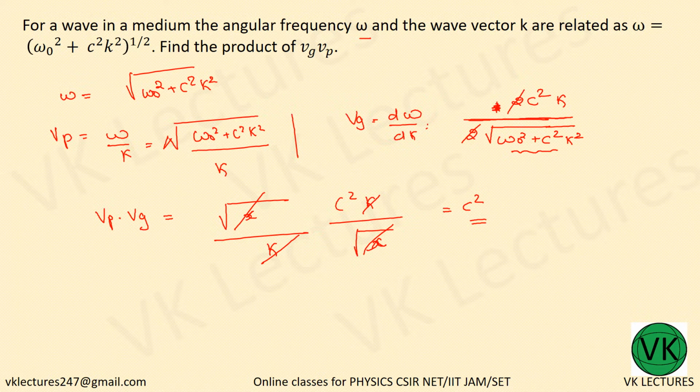Now Vg into Vp is c square, so you can write it is a relativistic particle if they ask about this. Otherwise you can just write down what is Vg into Vp. If they ask to comment on the velocity of the particle in the medium, if you write comment, then you need to mention the relativistic quantity, otherwise not.